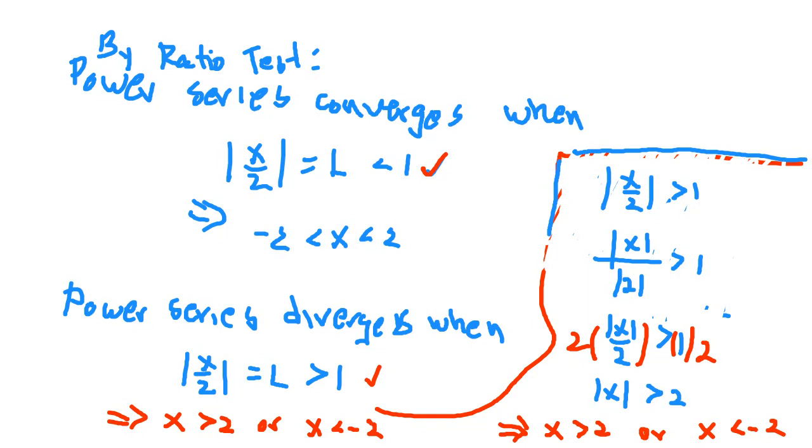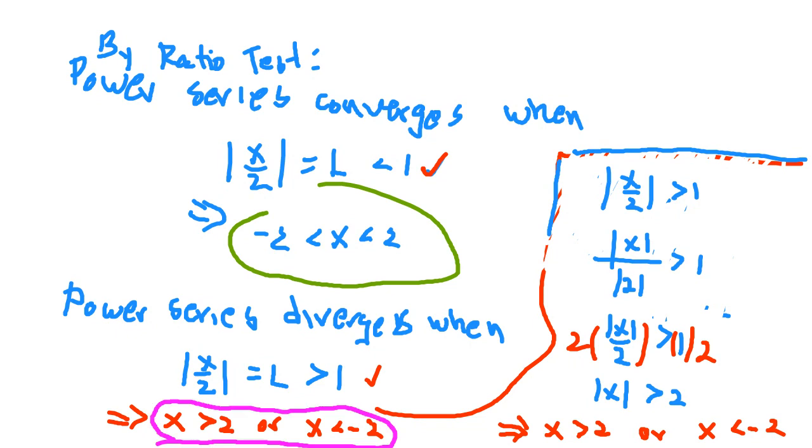So now we have information about some other x values. You have this piece of information, and the series converges over that interval, and the series diverges for these values of x. Well, what values of x are left?